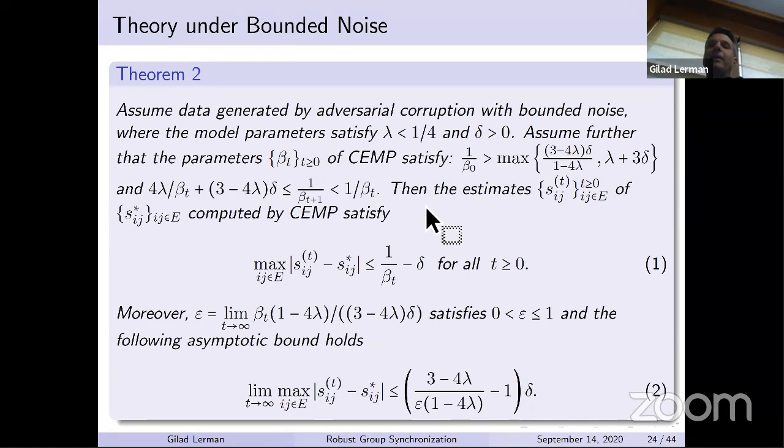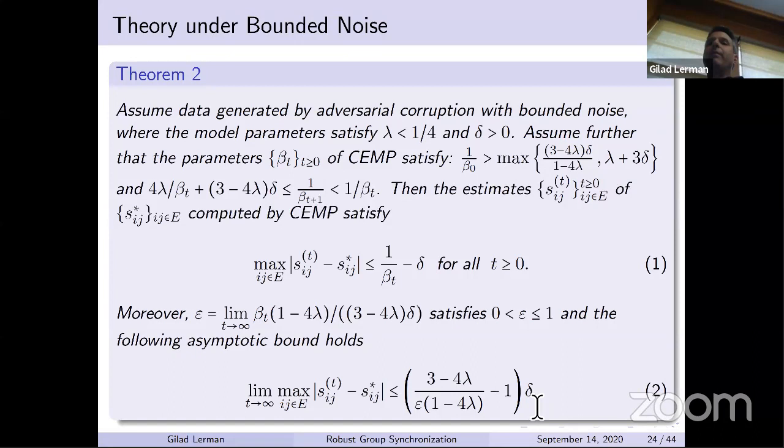And what we can see is that in the limit, the bound between the estimated corruption levels and the ground truth one is bounded by something of the order of the noise. Okay, so you have near recovery up to the noise level. You can't have exact recovery.